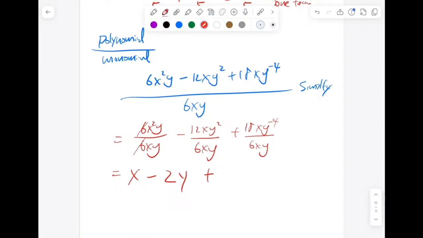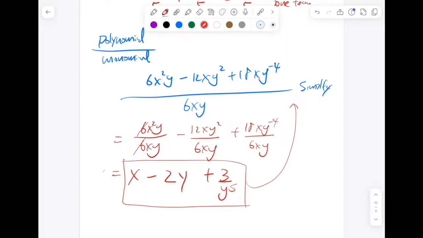Plus 3, again x cancels out, over y to the 5th. That was much easier to look at than this, because the top one, the question, was an eyesore. Does it make sense that this is divided out?